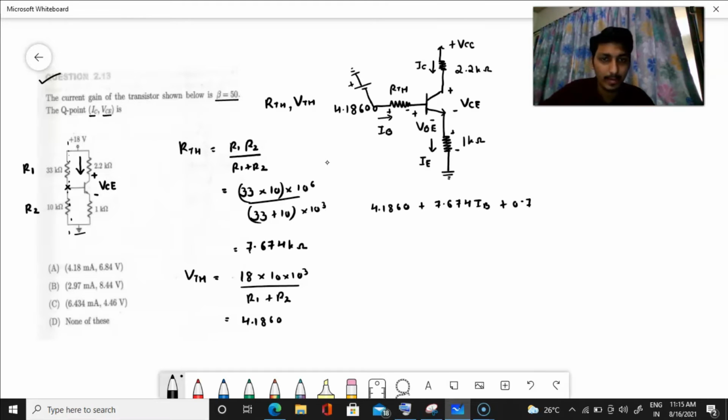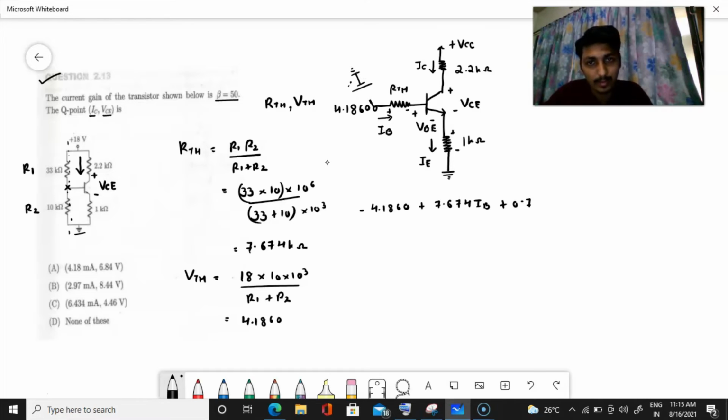Here the polarity signs change; it's not positive, it's negative here.